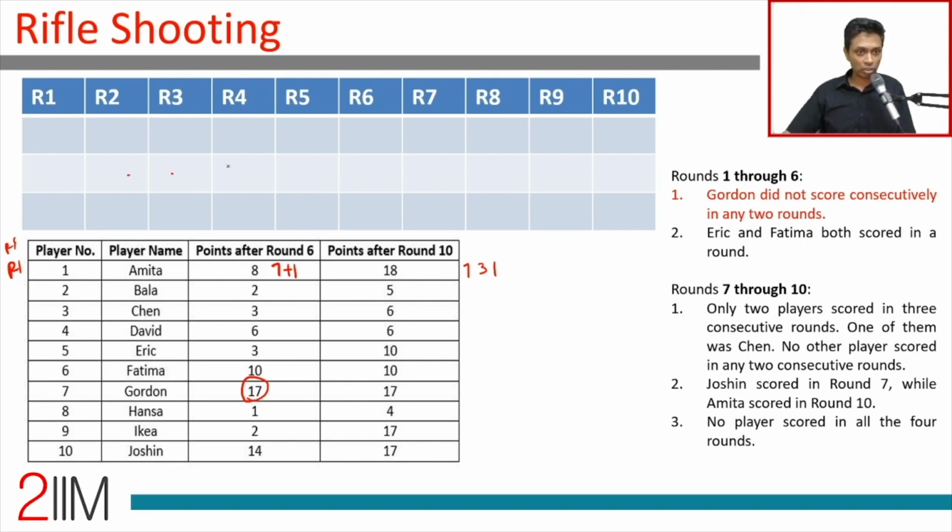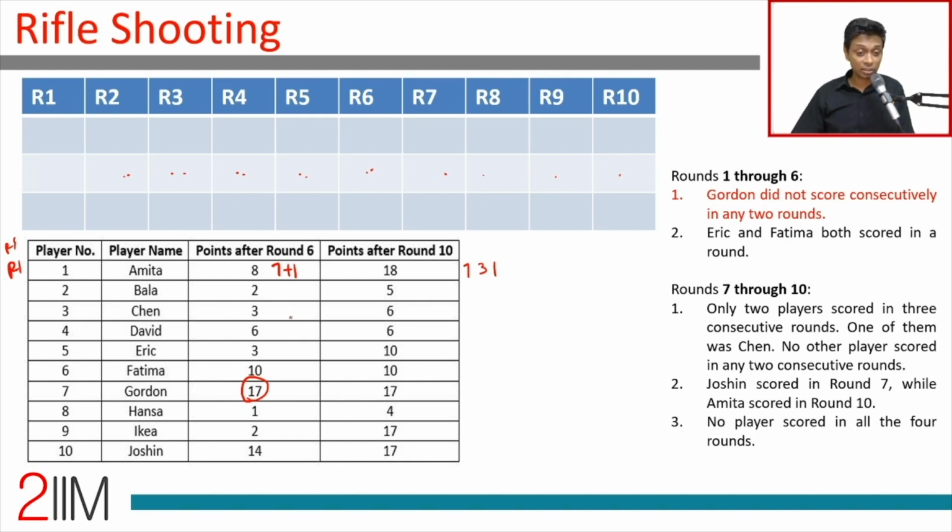So rounds 2, 3, 4, 5, 6, he gets 17 points. And then in round 7, he doesn't score anything.